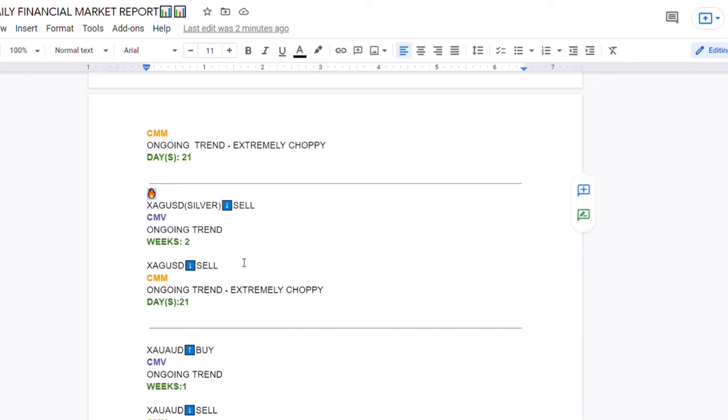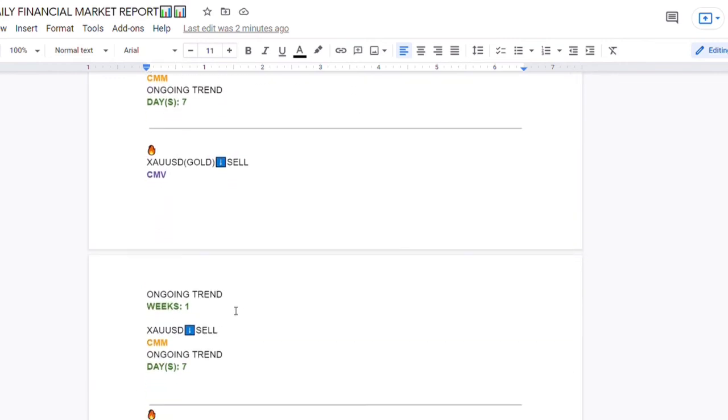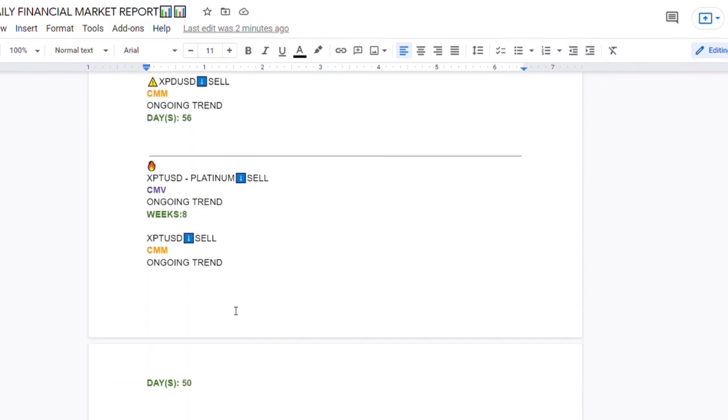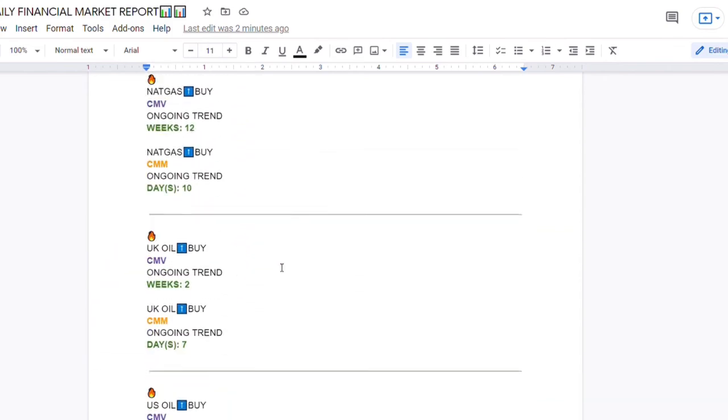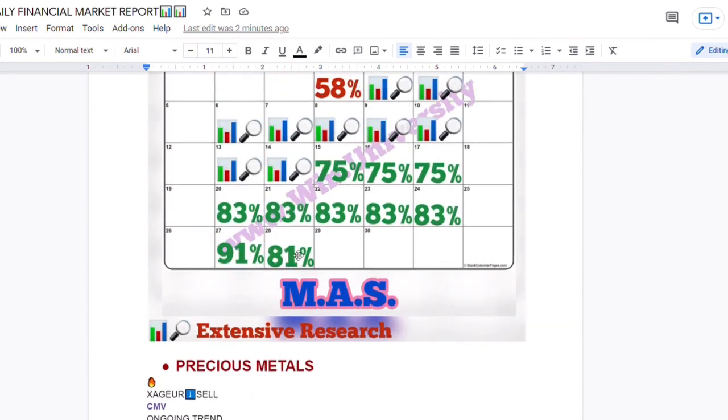That means they are perfectly aligned. Now, when you see the majority of these have fire symbols, we take the average and that gives us the percentage. So as of the 28th, which is today, September 28th, there's an 81%, which is pretty good. But the higher the better.